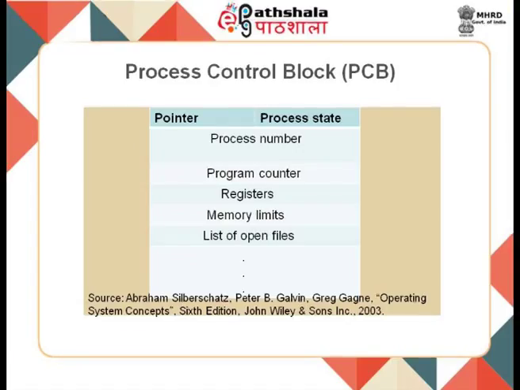So, you can see that you have a pointer which can point to the next process control block. Each process has different parameters and values, and all those are maintained in a process control block, and this is maintained by the operating system.